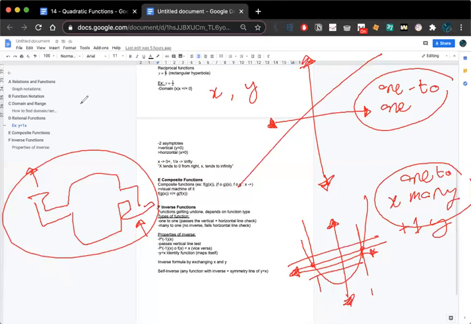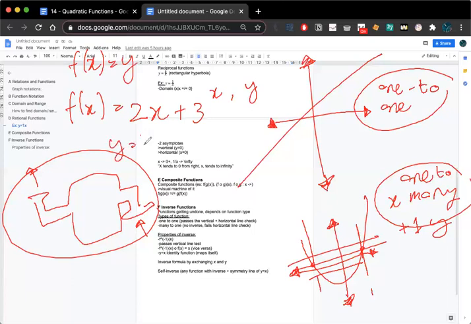So an easy way to inverse the function is literally just, okay, let's just say we have a function that is f(x) equals 2x plus 3. To reverse it, you literally just exchange, let's just assume that f(x) is equal to y.